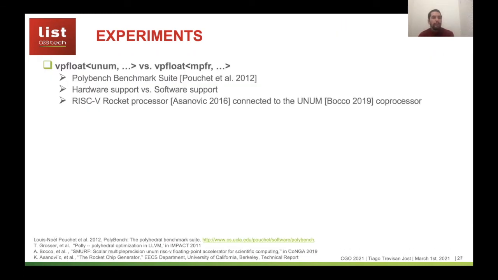The second experiment that we performed is VP-Float UNO versus VP-Float MPFR with the Polybench suite. And the idea is to compare a hardware support with a software support. This was done in a RISC-V Rocket processor connected to the UNO processor.